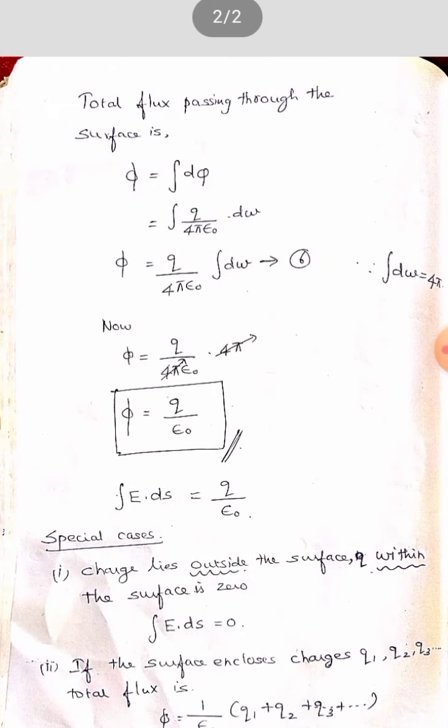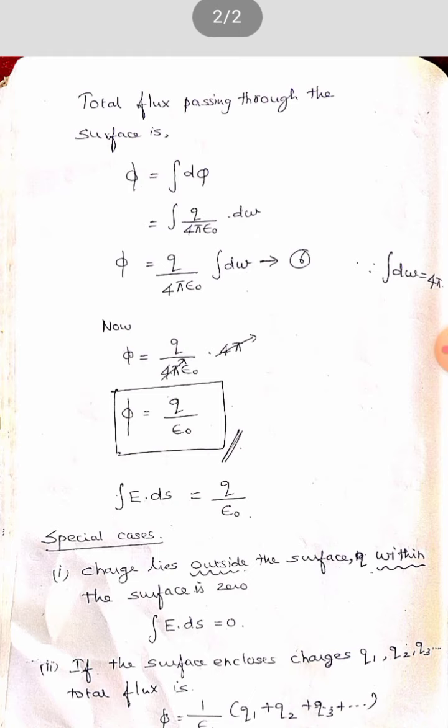So far we have found the flux present in that Gaussian surface. In the next step, I am going to explain the total flux. The total flux can be found by integrating over that particular surface. So phi is equal to integral of d phi.